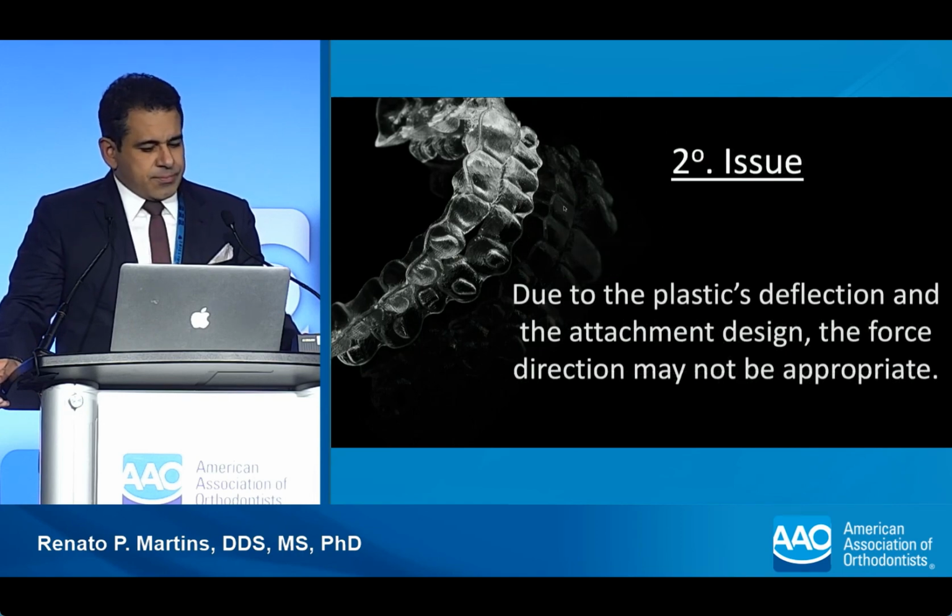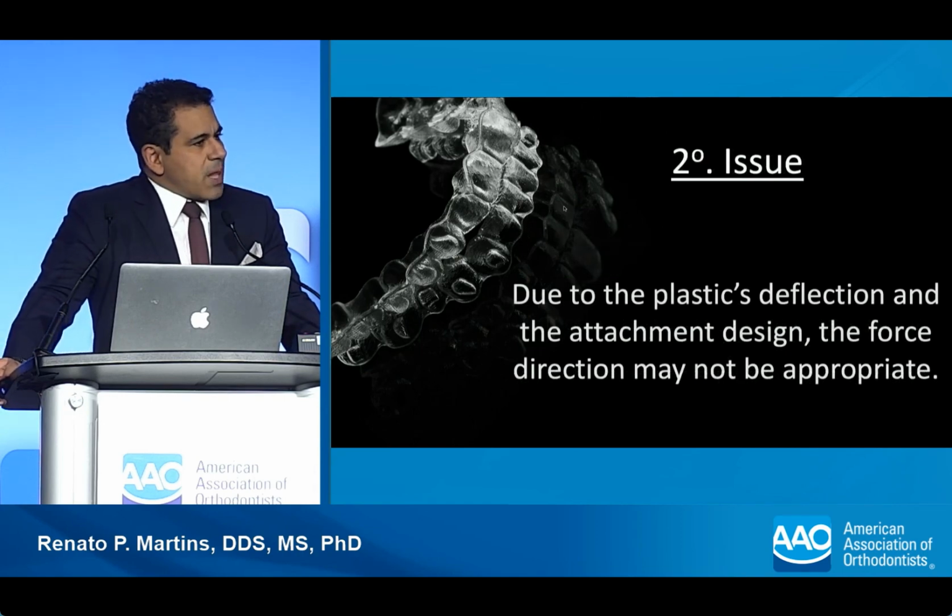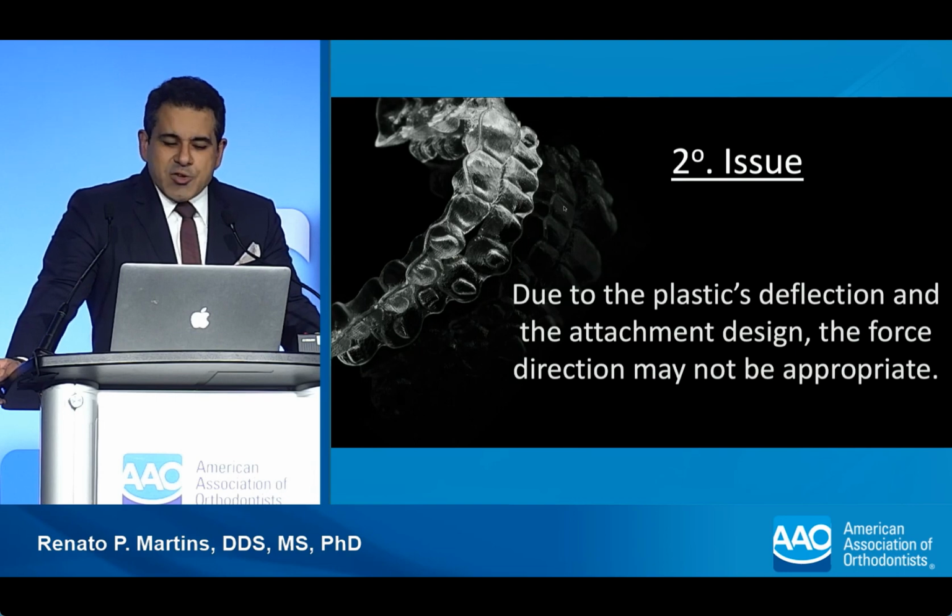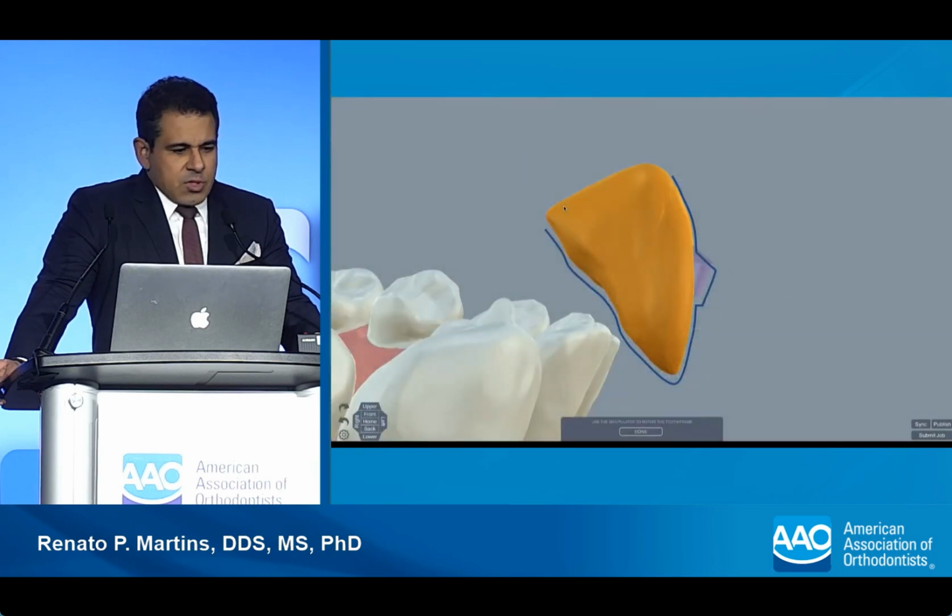The second issue is that due to the plastic deflection and the attachment design, the force direction is not appropriate for pure extrusion. So we have here a simulation of what happens when we fit an aligner in, and we can observe the deflection of the plastic.